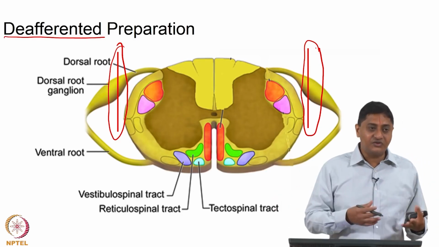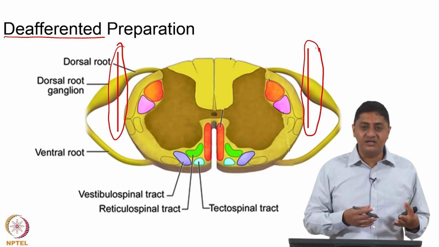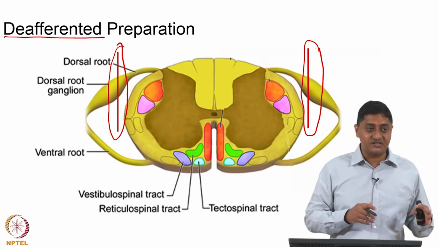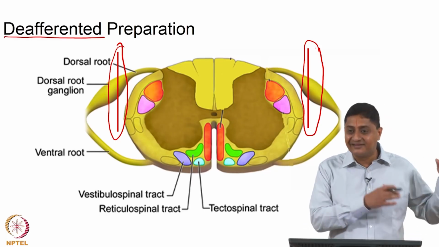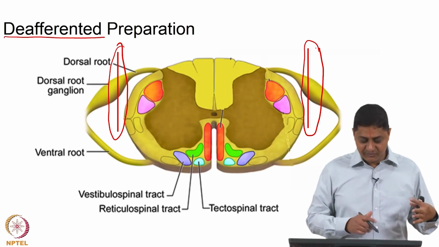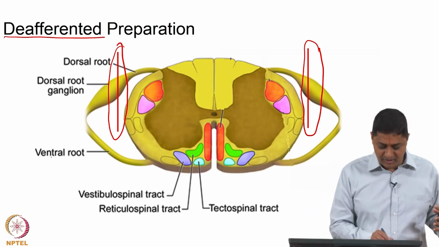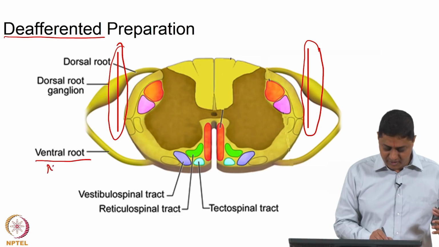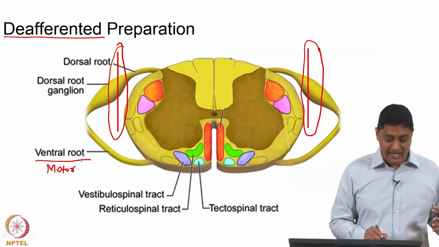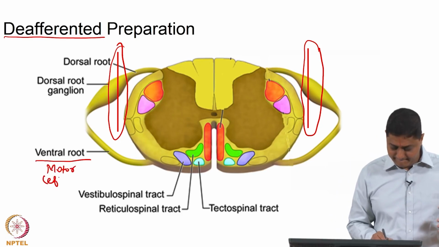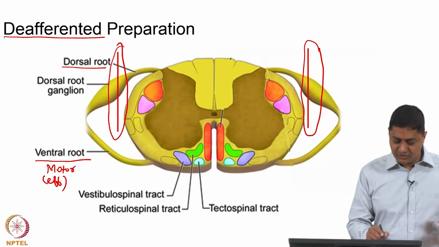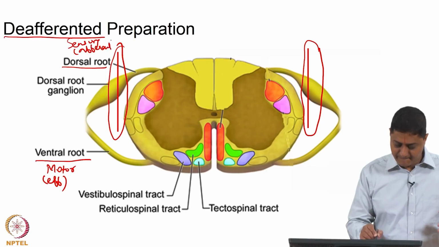Then what is coming is purely not due to reflexes, but due to sources other than reflexes. The ventral root is responsible for motor, efferent output, and the dorsal root is sensory or afferent.